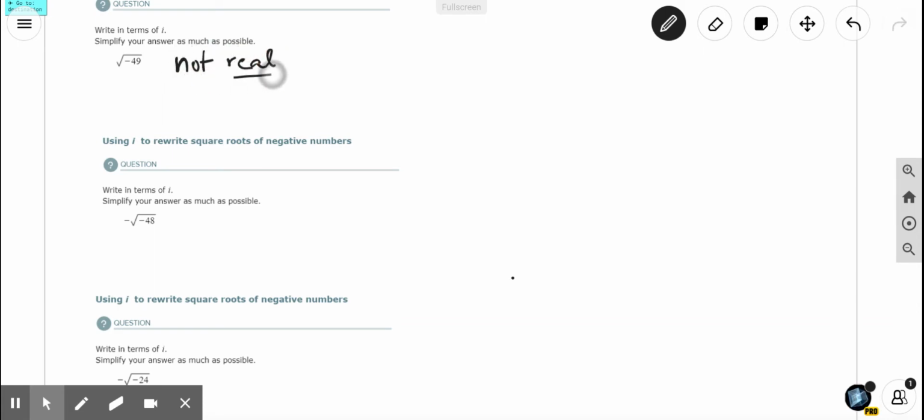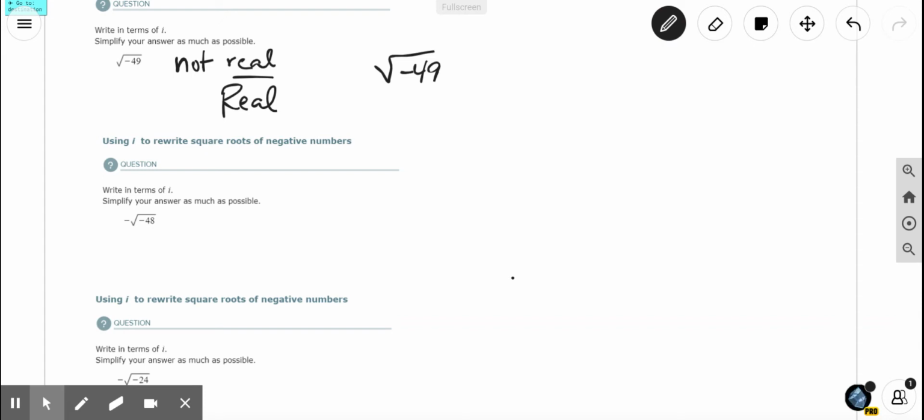They didn't mean not real like it doesn't exist. What they meant is it's not part of the real number system because it's imaginary. So the square root of negative 49. We're going to figure this out, but first you need to know the definition of imaginary numbers.